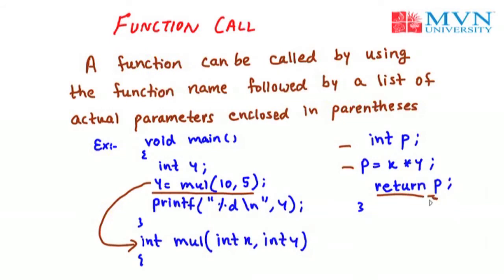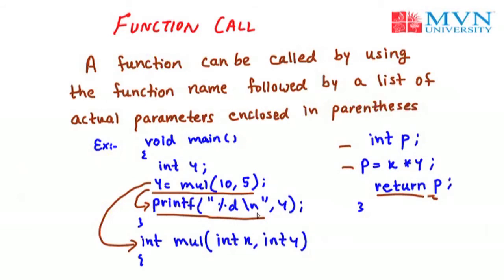The value of p will be assigned to the variable y, and then the value of y will be printed with this printf statement. So this is how in the C program we call the function, and then the control is transferred to the definition of the function, and the value will be returned back, and that value will be printed with the printf statement.